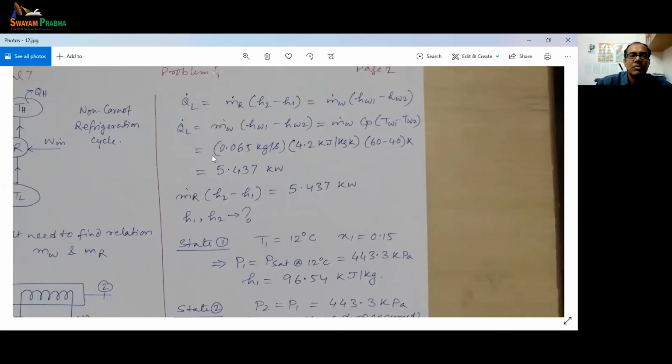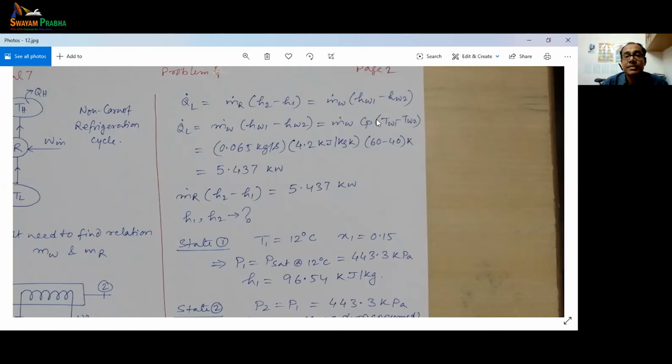Now HW1 minus HW2 you can write in terms of the specific heat of water, Cp times (TW1 minus TW2). There is no phase change happening, so you can do this through a specific heat. That makes life simpler.